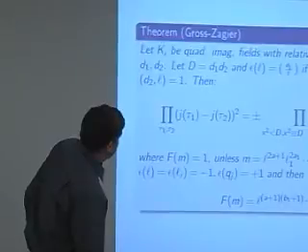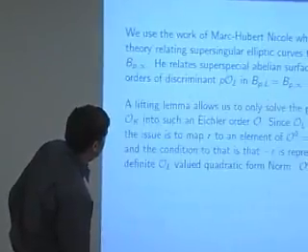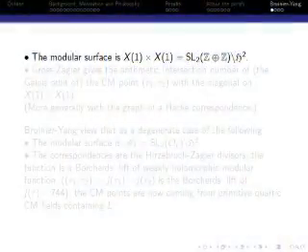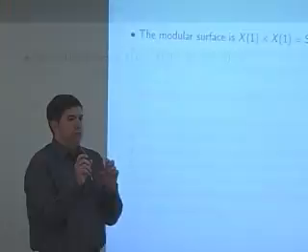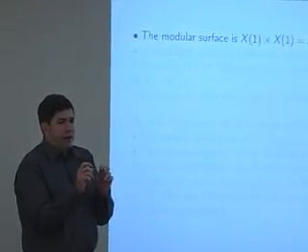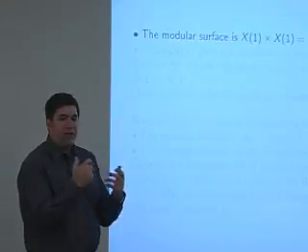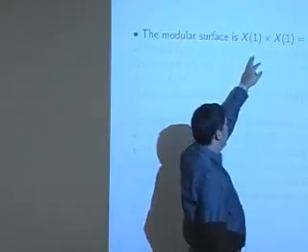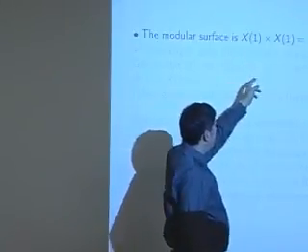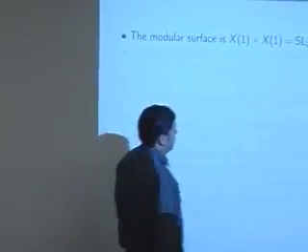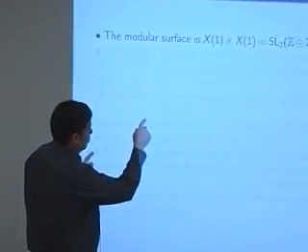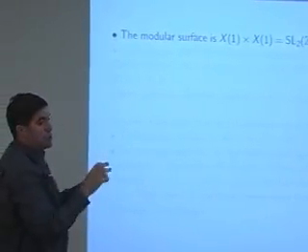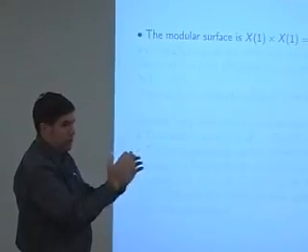Now, so I want to say something about the work of Bruinier and Yang, which is really introducing new ideas into this game. So they looked at this formula of Gross and Zagier, and they thought about tau 1 and tau 2 not as living in the upper half plane, but in fact in the upper half plane times itself. So they're thinking about them as tau 1 lying in the modular curve x1, which is h modulo SL2z, and tau 1 lying here. But then they think about this as the moduli space, or sort of the modular surface of h2 modulo SL2z plus z, where that just means SL2z times SL2z.